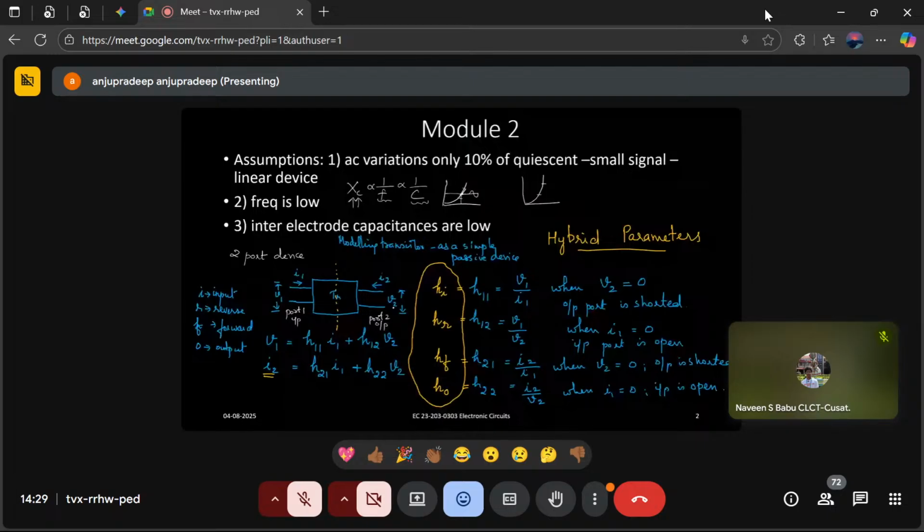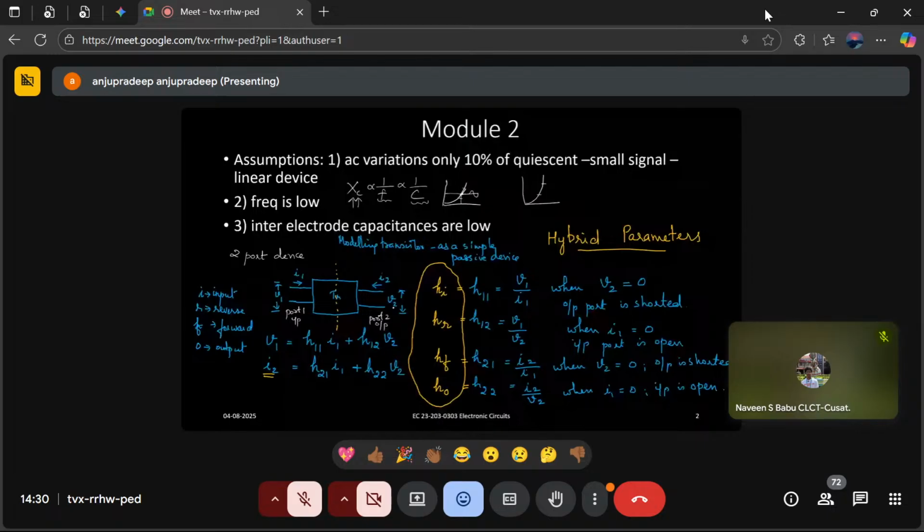So what is H11? From these two equations, H stands for hybrid. H11 is equal to V1 by I1 when V2 is equal to 0, that is, when the output port is shorted to make V2 equal to 0.